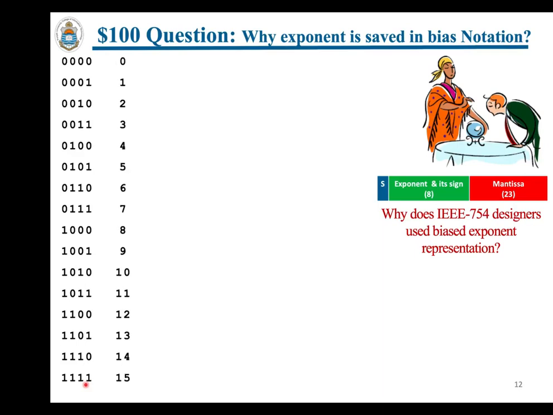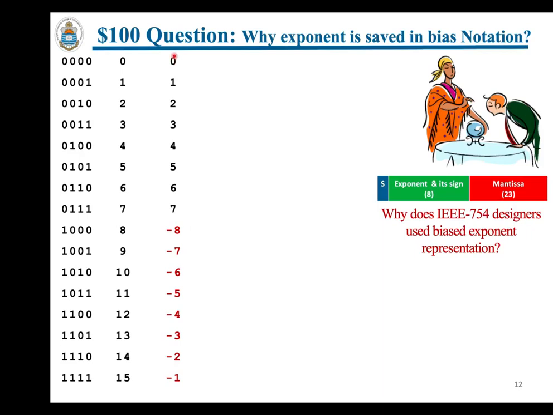This way the range of exponents that can be stored in 4 bits is from 0 to 15. And if we want to store negative exponents as well, we can use 2's complement to represent the exponent and its sign as shown over here. So this way we get an equal number of positive and negative exponents, assuming this 0 as negative.